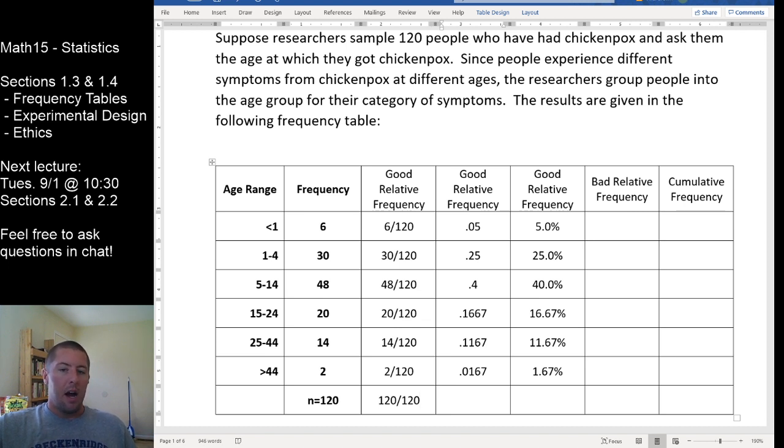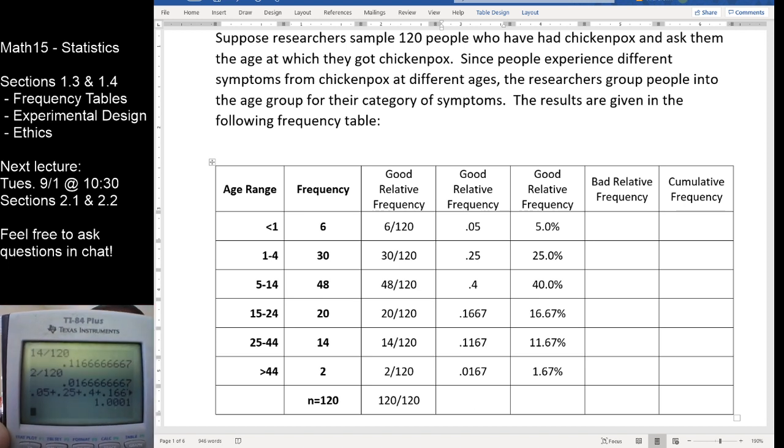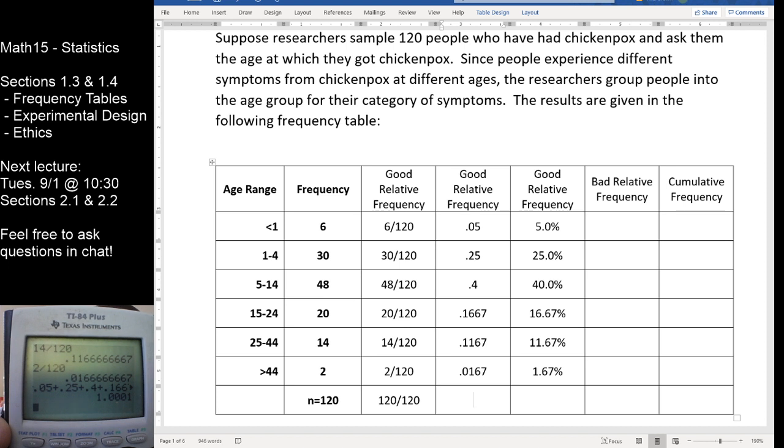Similarly here, with the relative frequency given as decimals, if you go to your calculator and add up all these decimals, 0.05 plus 0.25 plus 0.4 plus 0.1667 plus 0.1167 plus 0.0167, when I add it up in my calculator, I did get 1.0001.